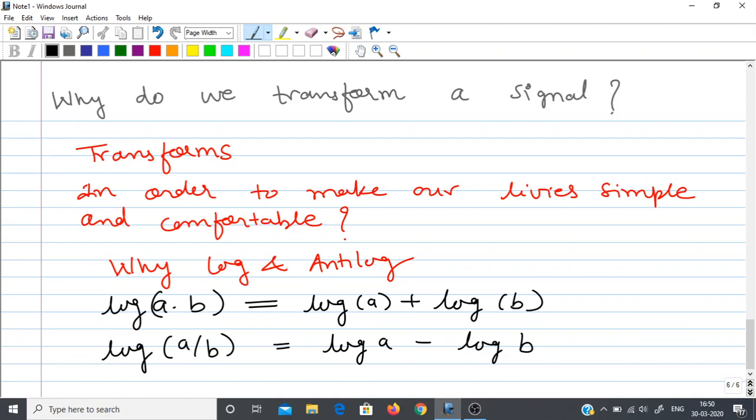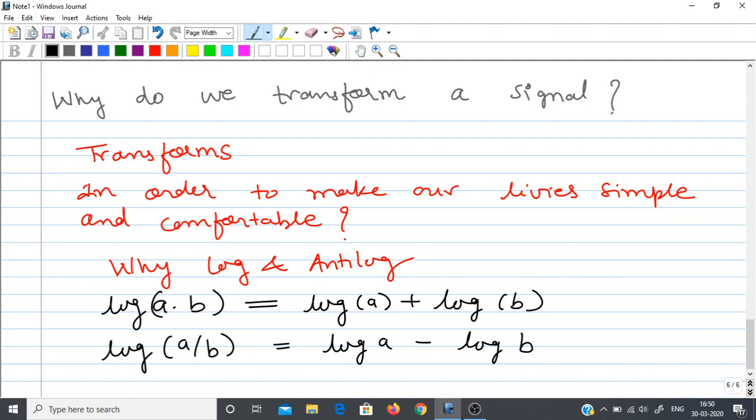And we know the operations of addition and subtraction are simpler than multiplication and division. So taking a log helps us in converting complex multiplication and division operations into simpler addition and subtraction operations.